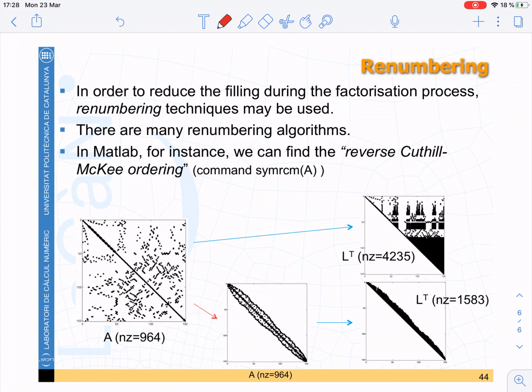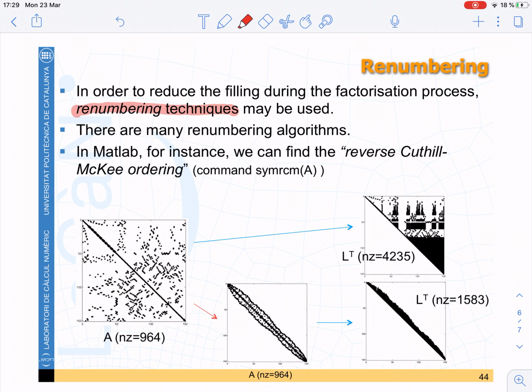That is to say, fill-in depends not only on the number of non-zero entries of matrix A, but also on how they are located. Okay? For this reason, renumbering techniques may be used to reduce fill-in.